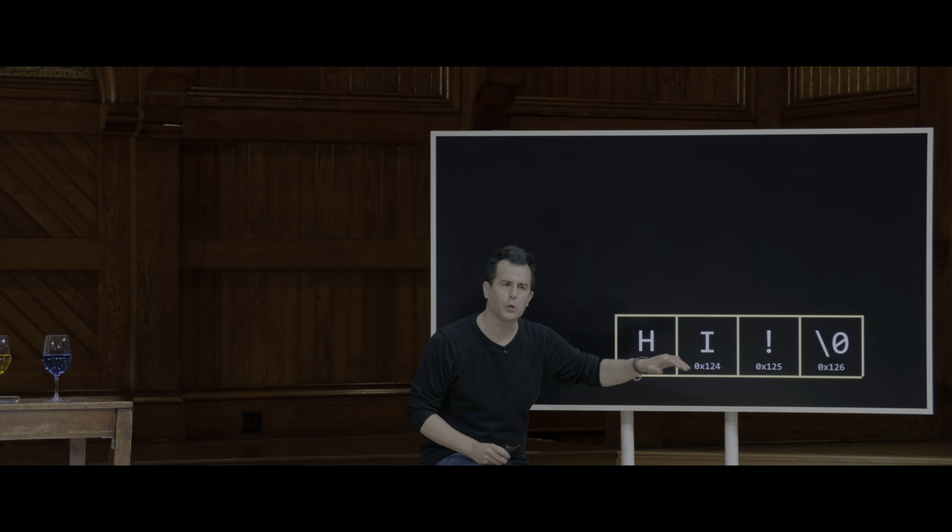So if h is at 0x123, it must be the case that i is at 0x124, the exclamation point is at 0x125, and the null character is at 0x126, because those are 1 byte apart. And I deliberately chose numbers where whether it's decimal or hexadecimal, it doesn't matter. These differ by just 1 byte themselves. So that's what implies that they're adjacent, or contiguous, in memory.